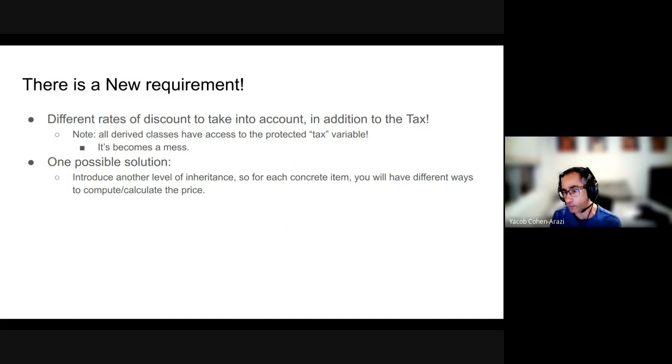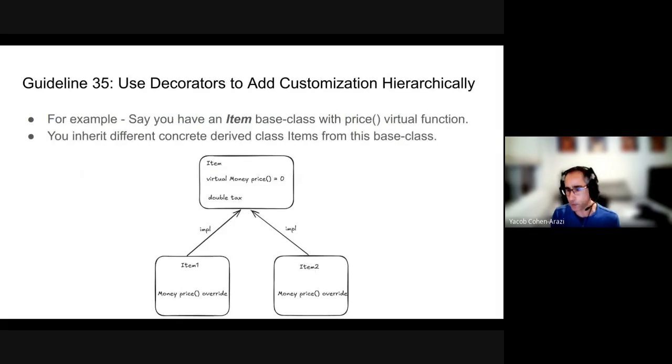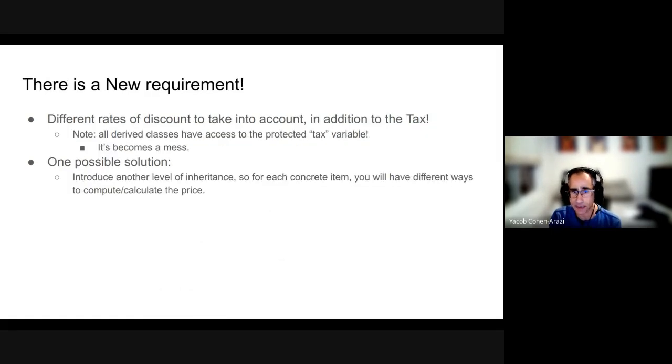One of the problems with this design by this specific author is that tax is already embedded in the item, but maybe in some places there is no tax. How do you compute a different tax if it's already there? The other problem is that tax is protected, so everyone has access to it, and having it behind a function is better than having it as a member.